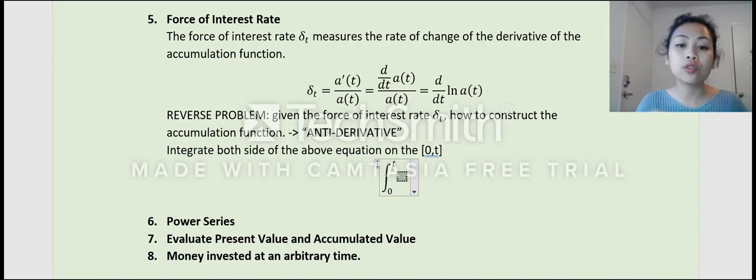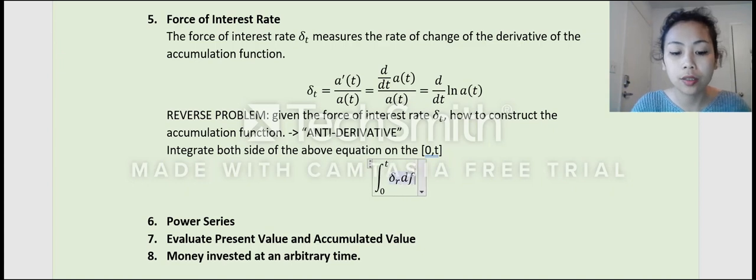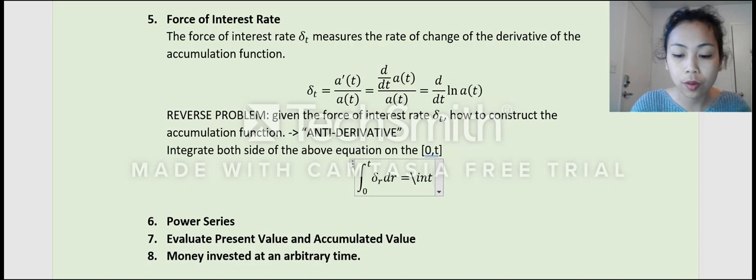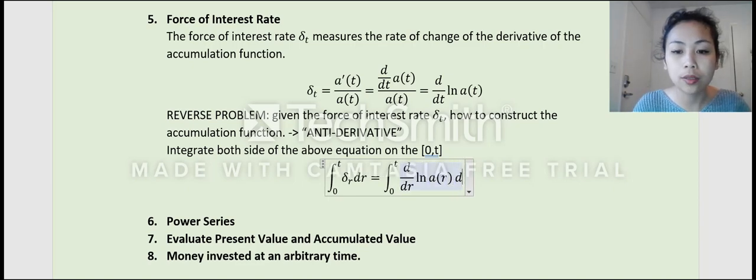And because you integrate from 0 to t, I need to change variables. So that becomes delta of r dr. This is equal to the integral from 0 to t of d over dr of natural log of a of r dr.